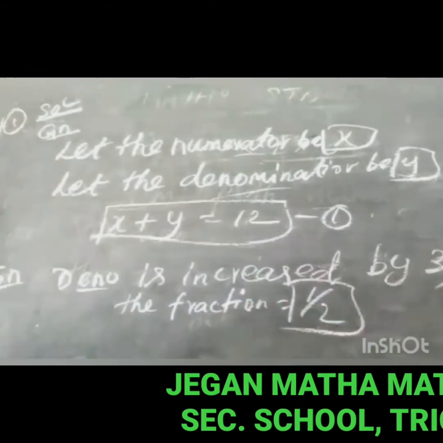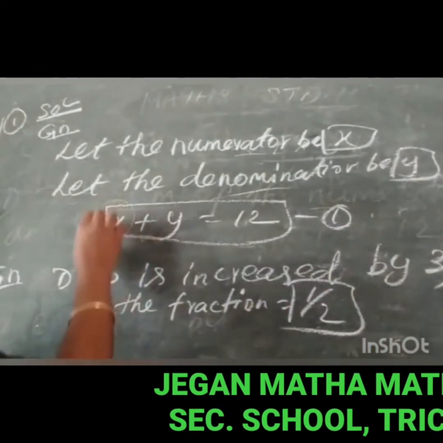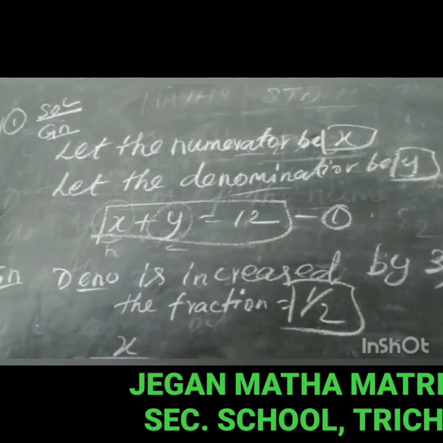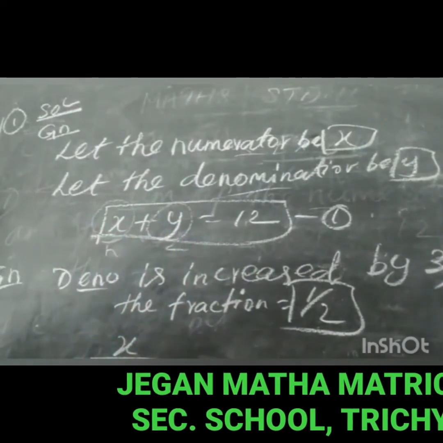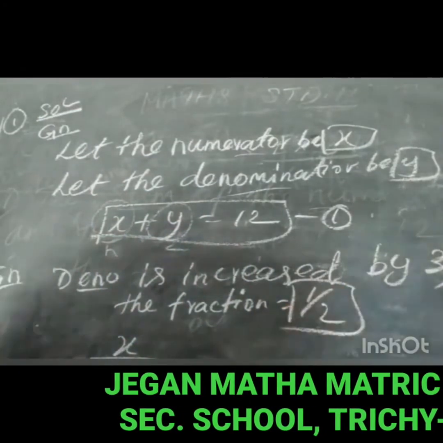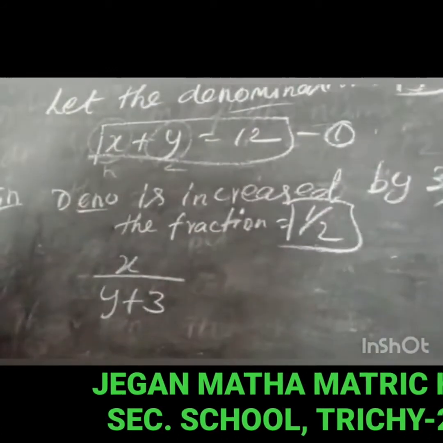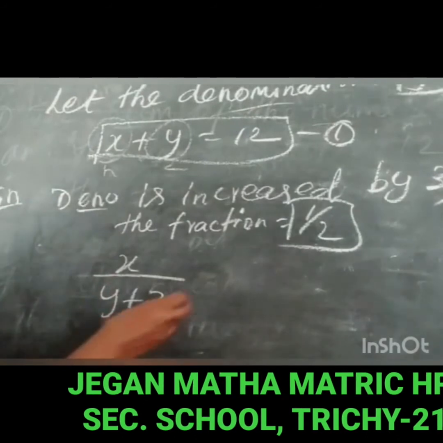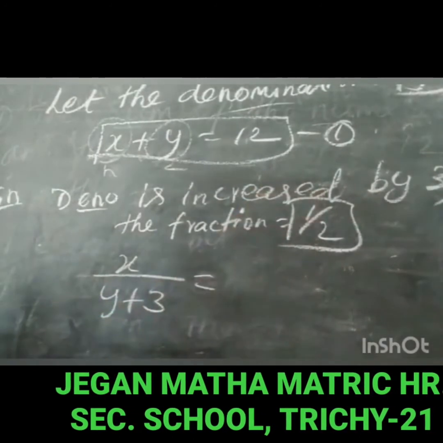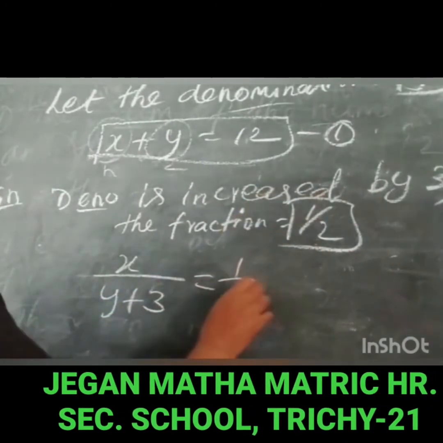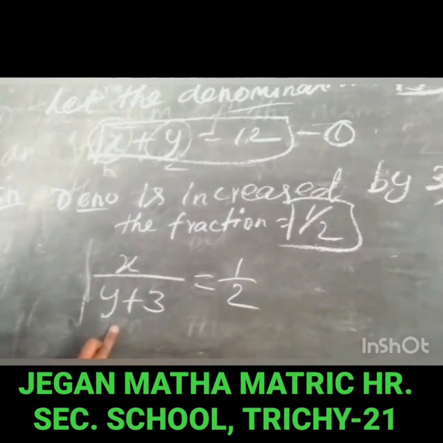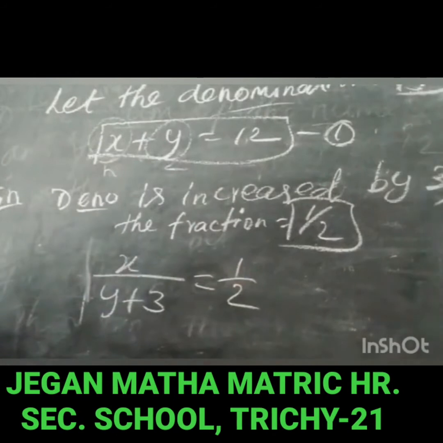That is given in the sum. So this is the numerator, this is the denominator. So x by y plus 3. The denominator is increased by 3. So you can put x divided by y plus 3 equal to 1 by 2.